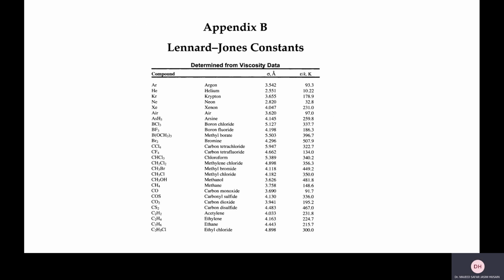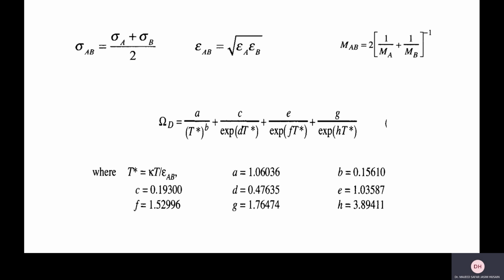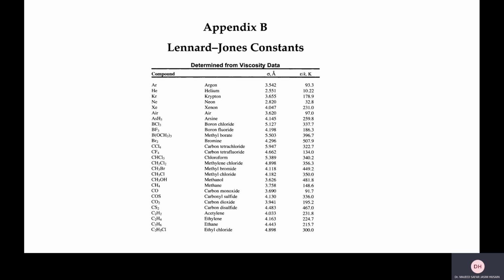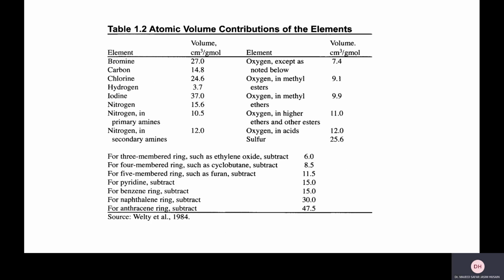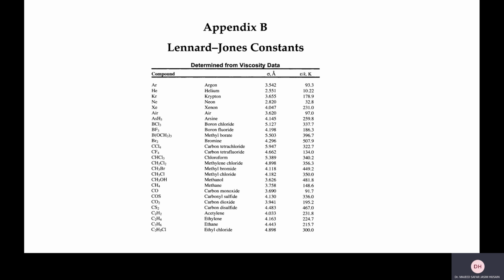Well, sigma AB is written in the first equation: sigma AB is equal to sigma A plus sigma B over 2. And you already put A is allyl chloride, B is air. So which one do we have now? We have to go to the tables.